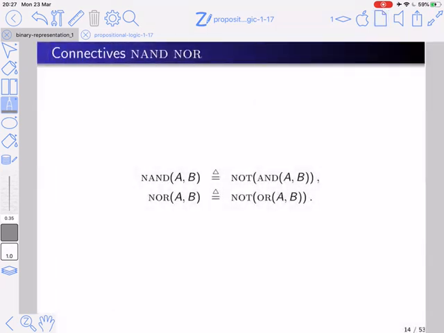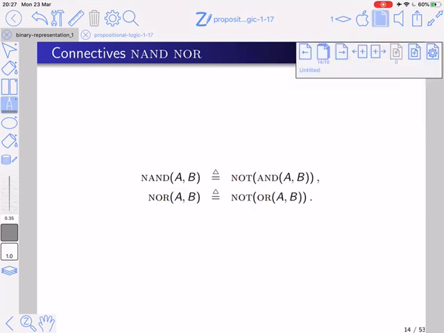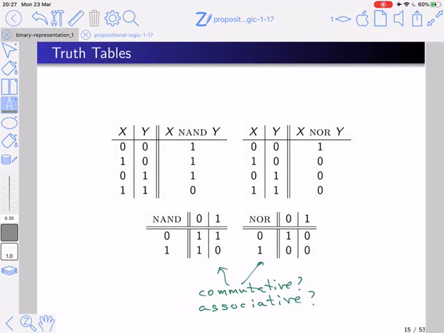Two more connectives that I want to describe are NAND and NOR. NAND is simply a shorthand for the not of the AND of A and B, and NOR is shorthand for the not of the OR of A and B. What are the multiplication tables of NAND and NOR? Here we see them below.